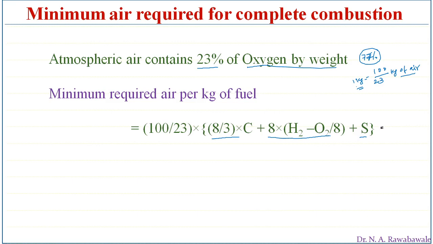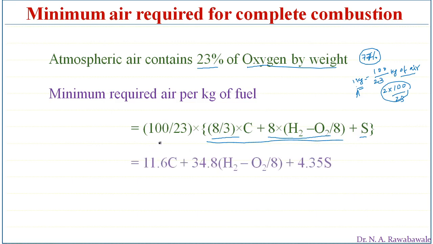Whatever quantity of oxygen is required is multiplied by 100 by 23. If we want 1 kg, then 100 by 23. If we want 2 kg, then we multiply 2 into 100 by 23. So that much air is required.